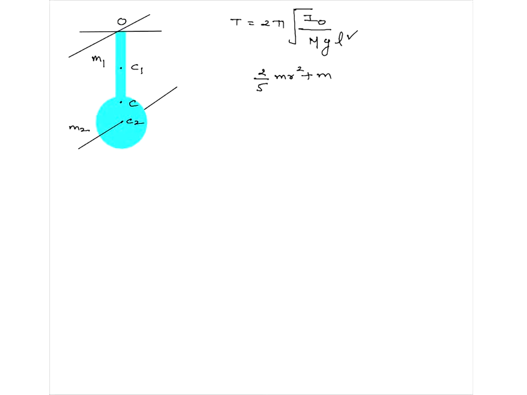O C2, OC2 square, right? Done. This moment of inertia should be added to that moment of inertia to get the total moment of inertia.